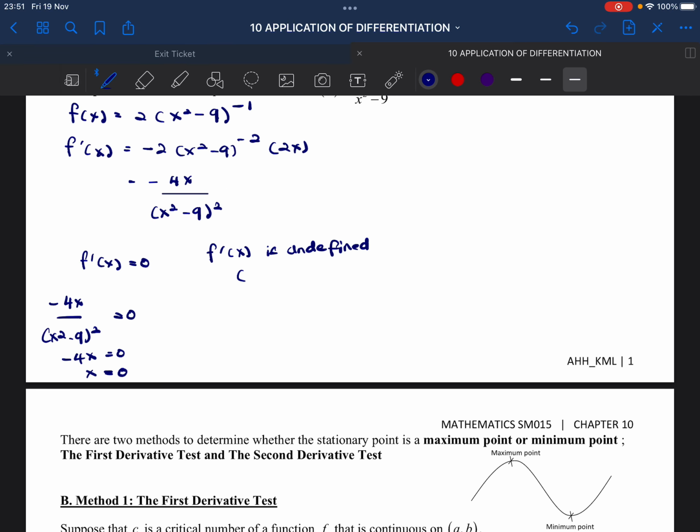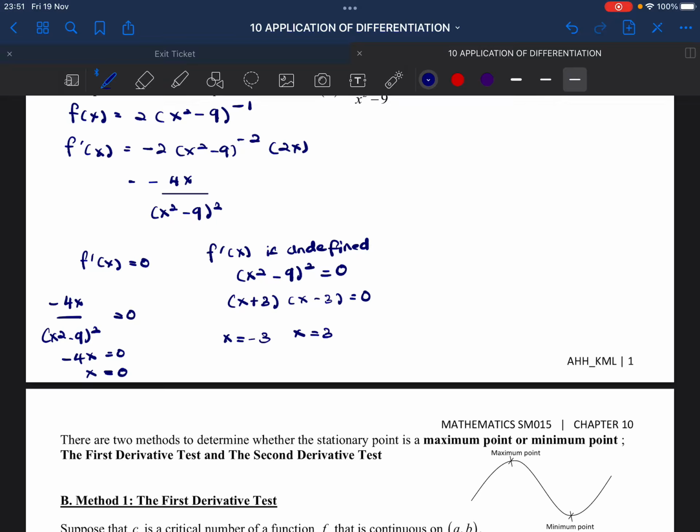That means your (x squared minus 9) squared is equal to 0. So here you will get (x plus 3)(x minus 3). Square both sides, the square root of 0 is 0. So that leaves us just x squared minus 9. So here you have x equals negative 3 and x equals 3.